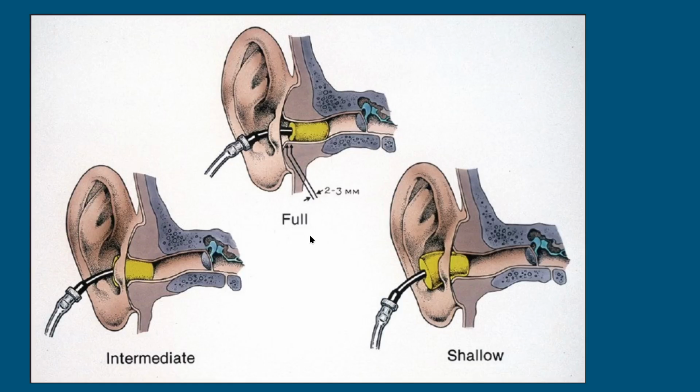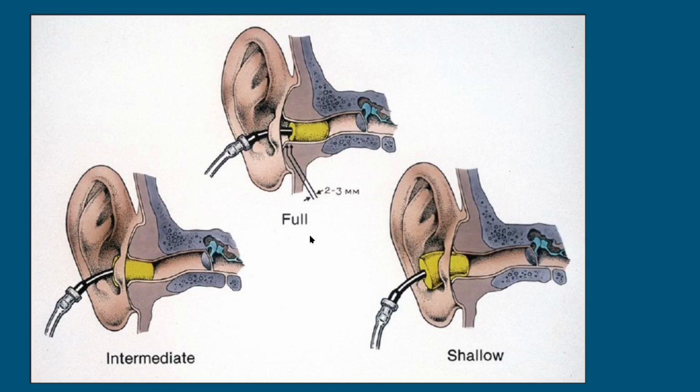So here you have an intermediate insertion, which is probably the most common, where the foam insert tip is flush with the ear canal entrance or slightly sticking outward. This is, in my experience, the most common insert depth. It's not the ideal.